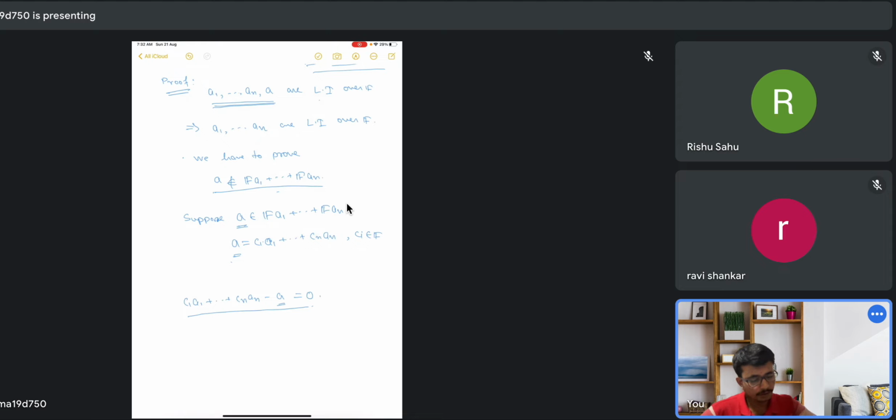So your collection A1 up to An and A are dependent sets. If we assume that A belongs to this set, we are getting that this collection A1 up to An and A are linearly dependent over the field F, which is a contradiction.